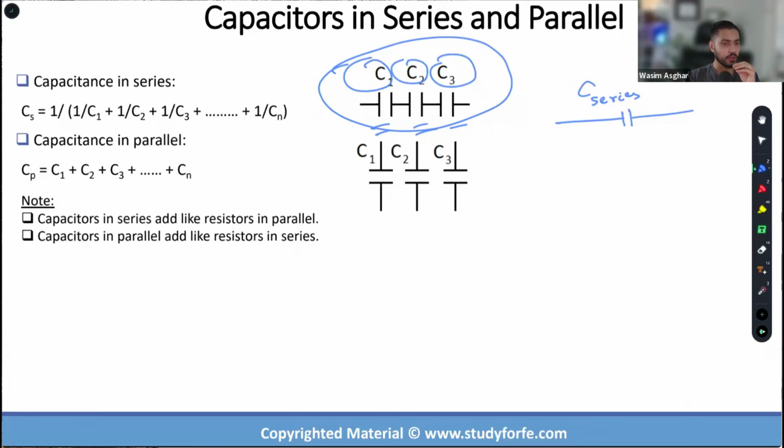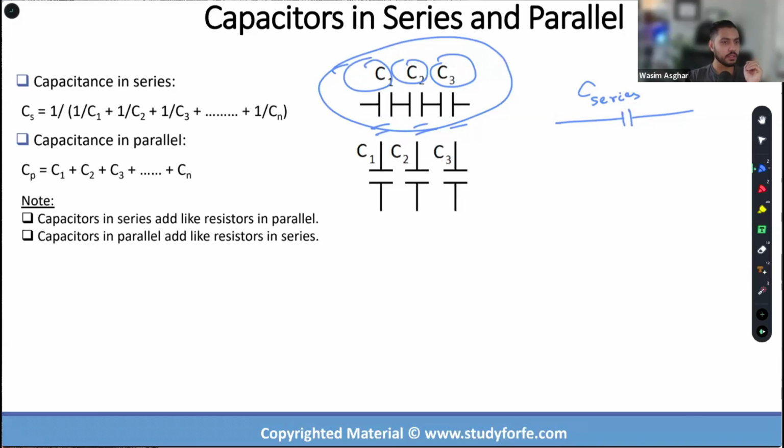If I want to replace it with one capacitor with a particular farads, then what will that value be? It will not be C1 plus C2 plus C3, the farads for capacitor 1 plus the farads for capacitor 2 plus the farads for capacitor 3. No, that's not how the capacitances add in series, okay?